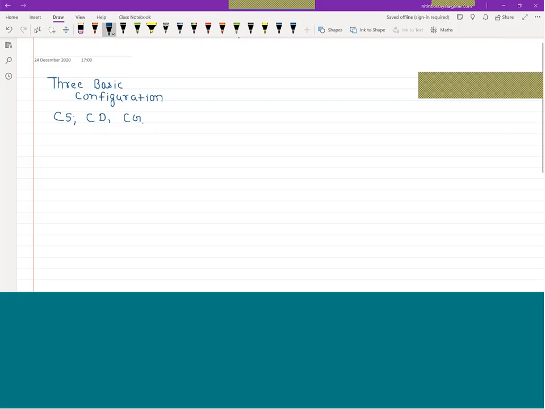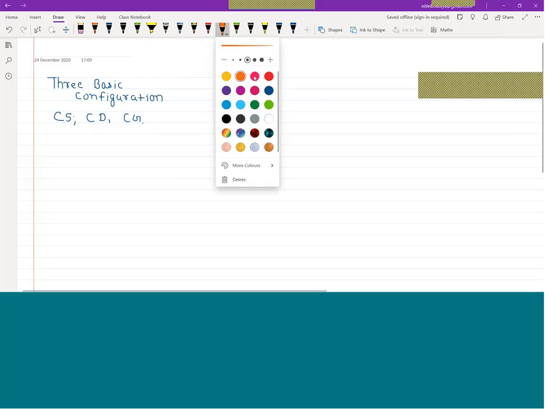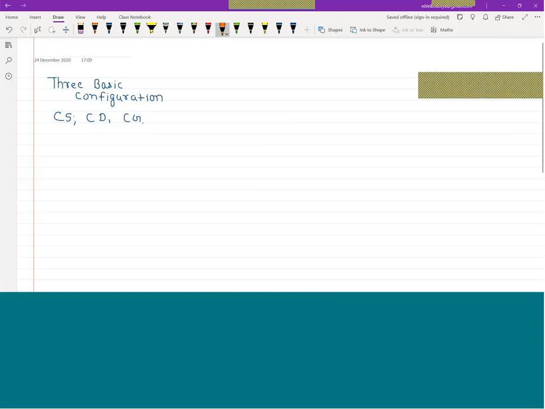So let's see what common source is. I am only drawing the AC analysis part.